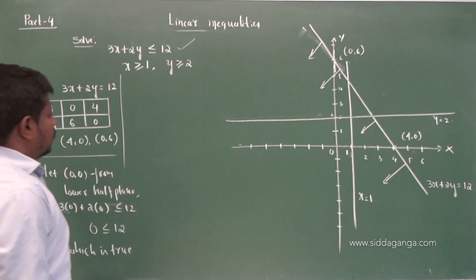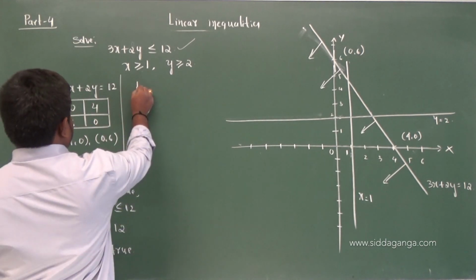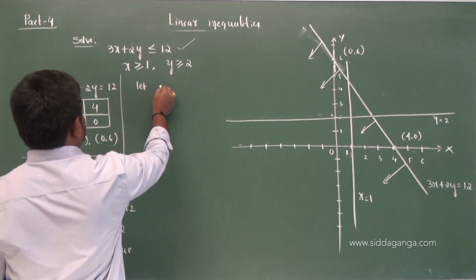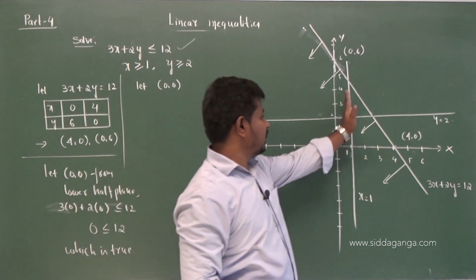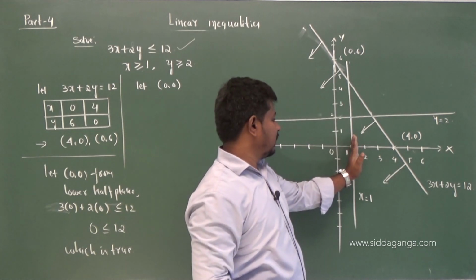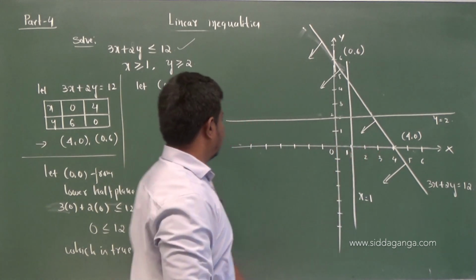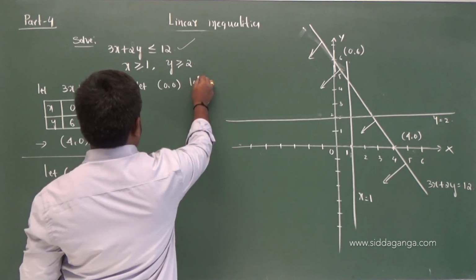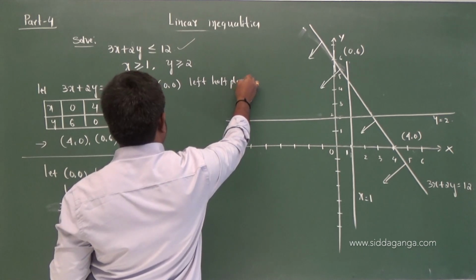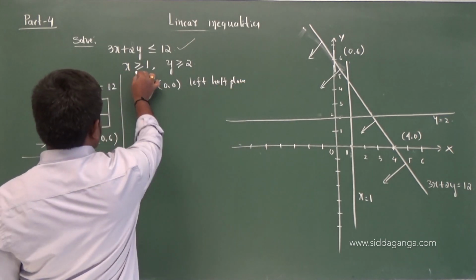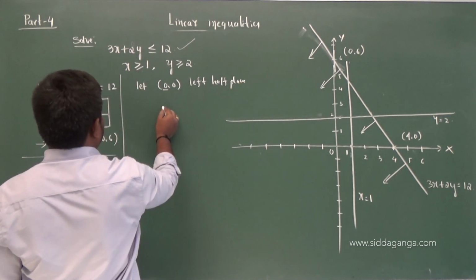Now, come to the second inequality. Let (0, 0). See, x is equal to 1 divides the plane into two parts, left half plane and right half plane. So, take (0, 0) from the left half plane and substitute in the inequality x is greater than or equal to 1. In this case x coordinate is 0.